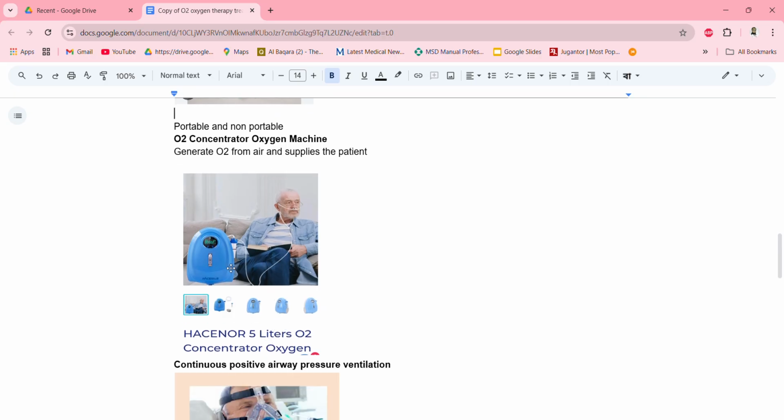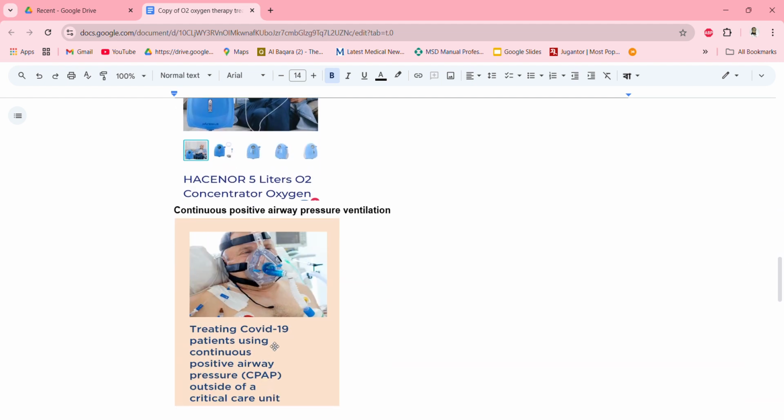It can concentrate 5 liter per minute, and there are also big machines, small machines or portable machines. People who desaturate, whose saturation becomes low on exercise or walking, can buy a machine like this, and should not buy a bottle or cylinder of oxygen from the market. They should have only an oxygen concentrator machine.